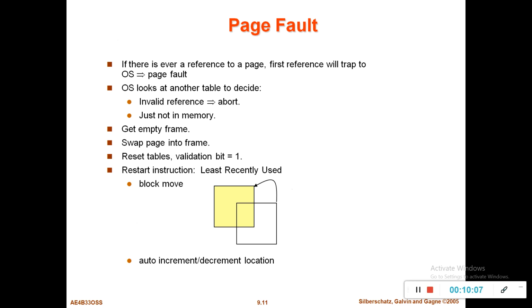If it is an invalid reference, abort; if it is just not in the memory, then the operating system will search for an empty frame in the physical memory, swap the page into a free frame, reset the table with validation bit equal to 1 or V, and restart the instruction execution. This is how the page fault is handled.